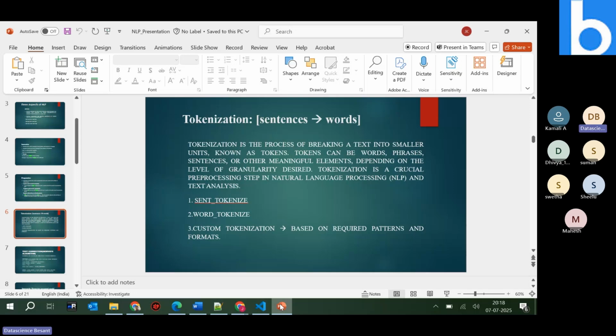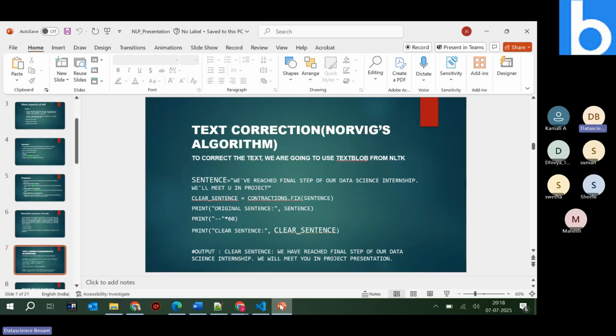Like if you have a big paragraph and you want to take only the emails out of it, maybe there are some 10-20 email IDs, or you have some phone numbers in it, or some numbers like 1 2 3, you can write a custom tokenization in such a way as to extract them. I'll be showing the demo for everything I'm discussing today tomorrow, but let us understand the theoretical part first. The next is text correction.